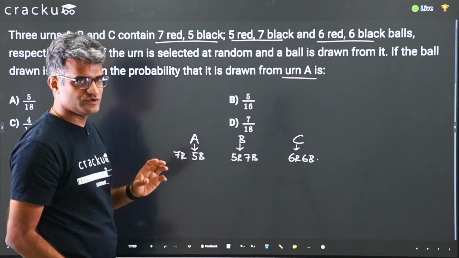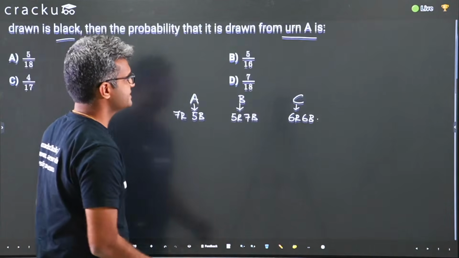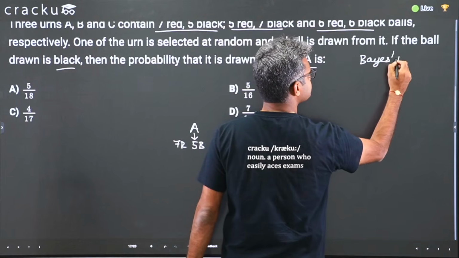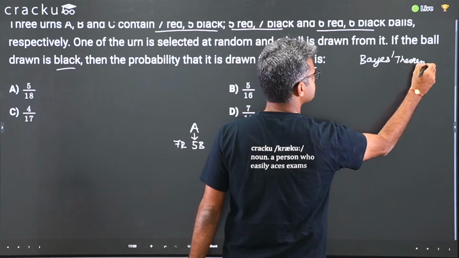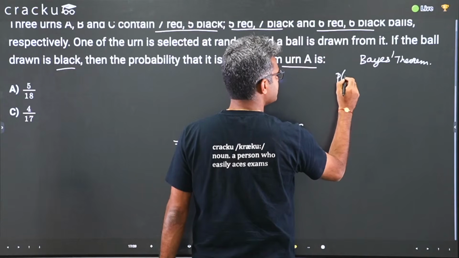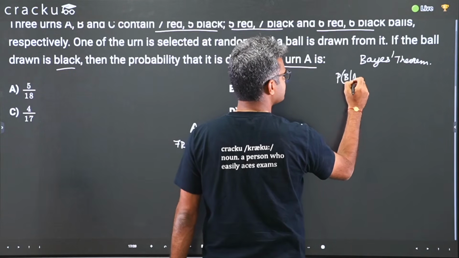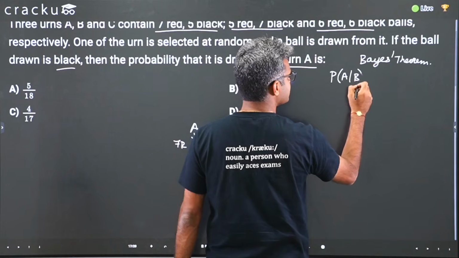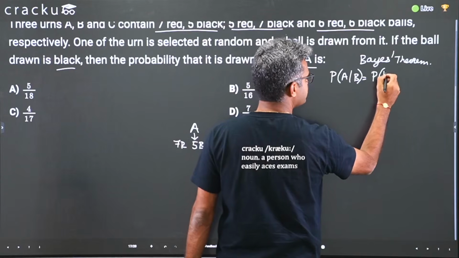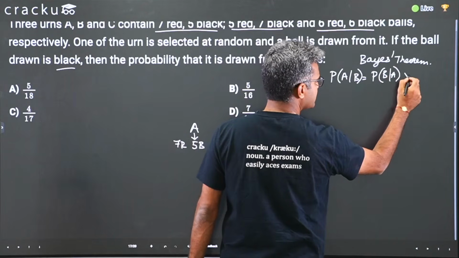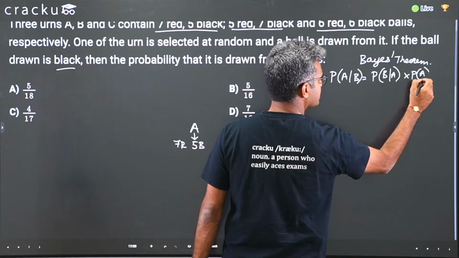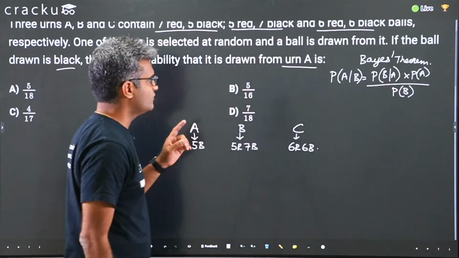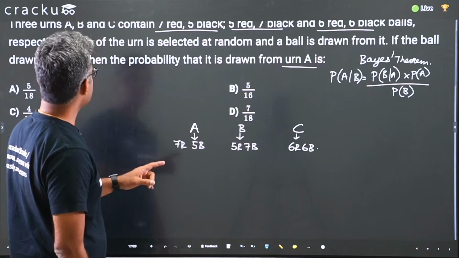So here we have to use Bayes' theorem. What does Bayes' theorem say? Bayes' theorem says that probability of A given B is equal to probability of B given A into probability of A divided by probability of B. In this particular case, the ball drawn is black.